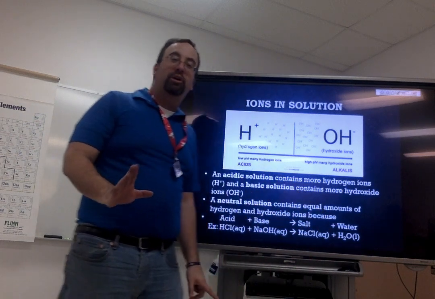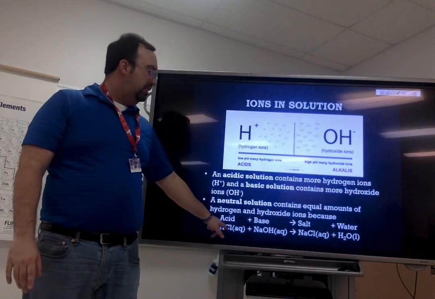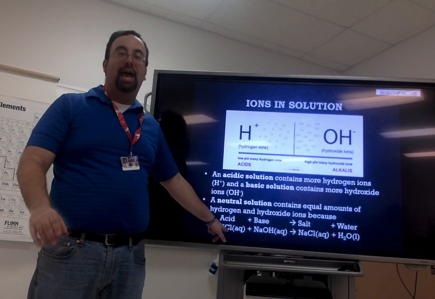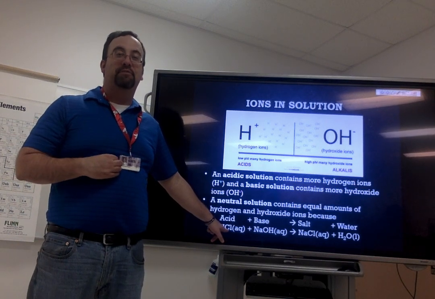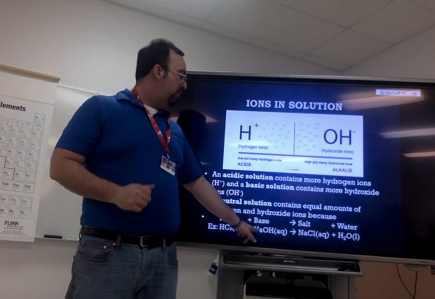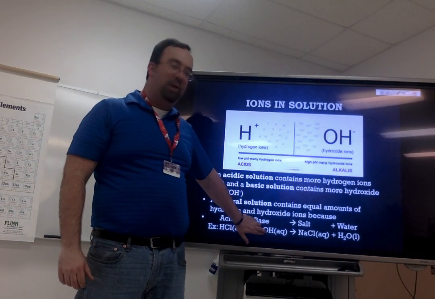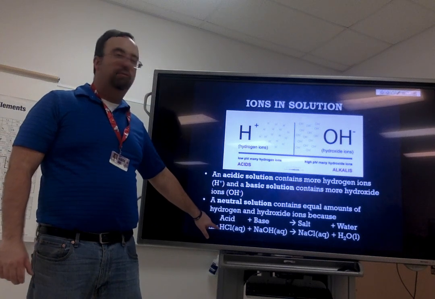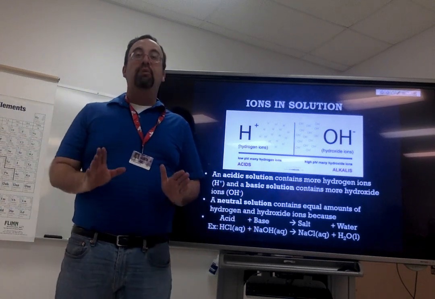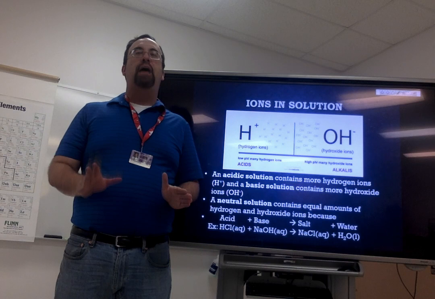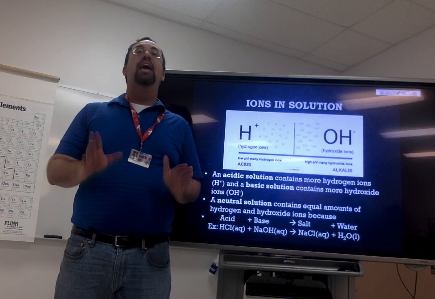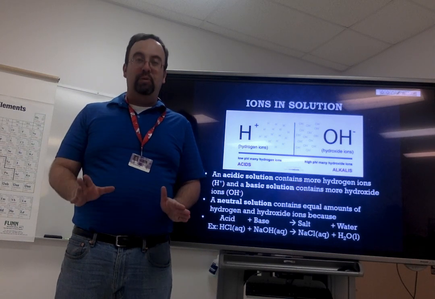For example, we have HCl, which is hydrochloric acid, which is also the acid you find in your stomach. We have sodium hydroxide. Again, we can see that there's the OH. Over here we have the H for the acid. As you remember from chapter 9, we have a double replacement reaction.